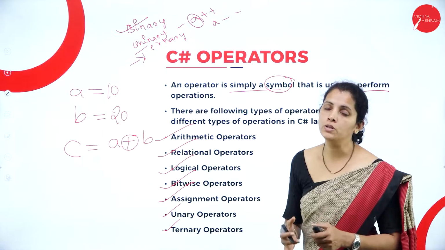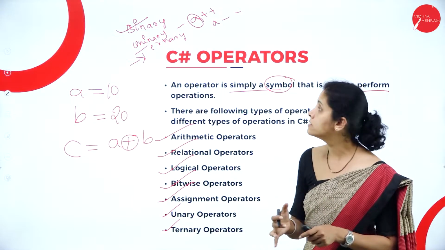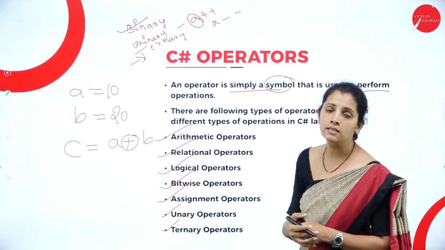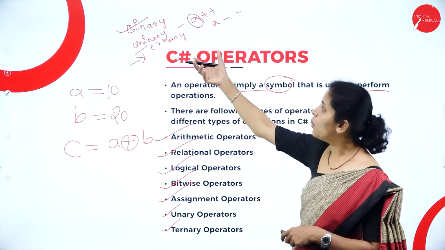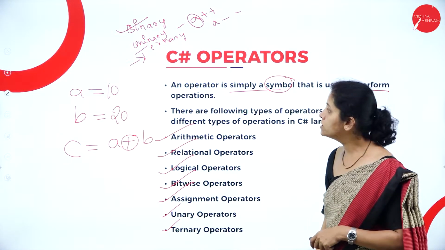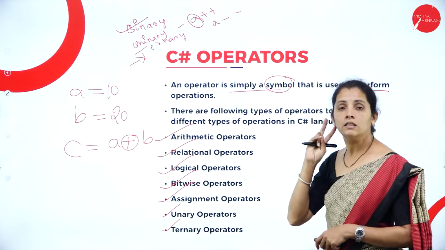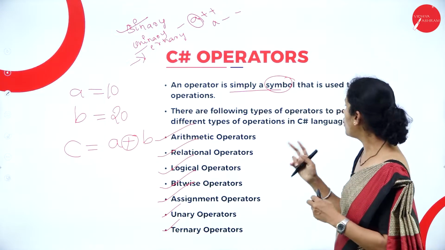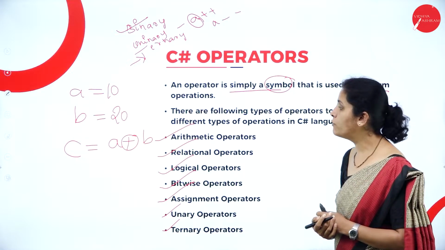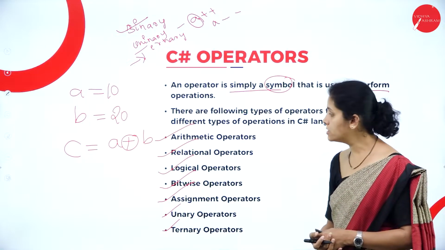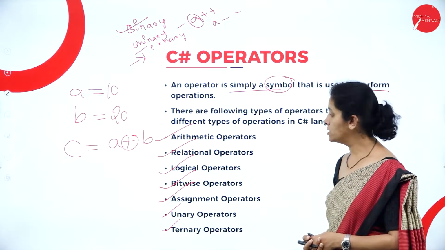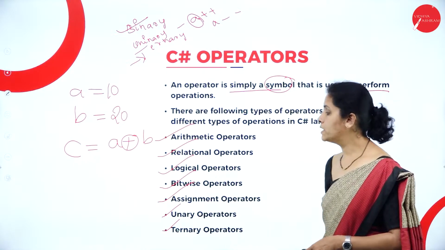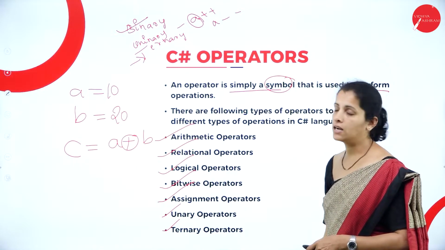So I'm going to use three operands and it is named as the ternary operator. So dear student, these are the three different types of operators. And what are the operations I can perform? Arithmetic operations, relational operations, logical operations, bitwise, assignment, etc.